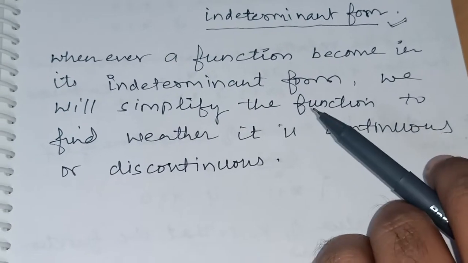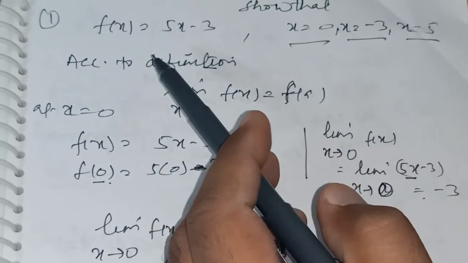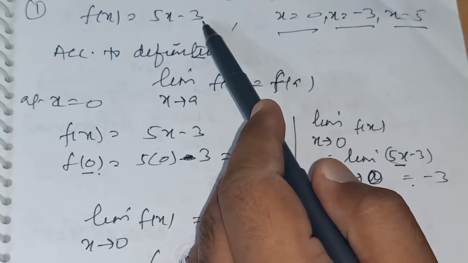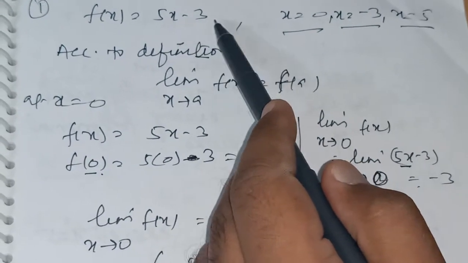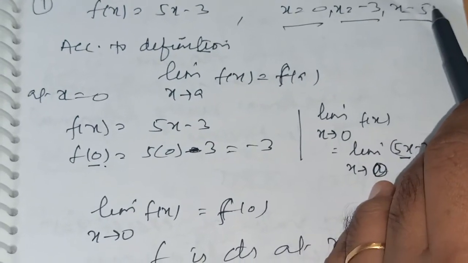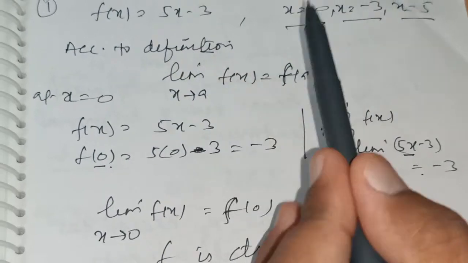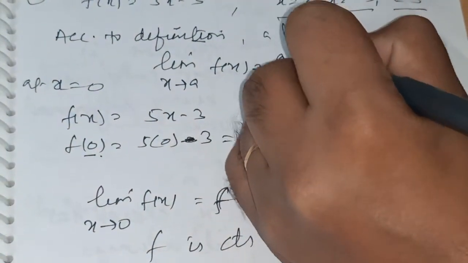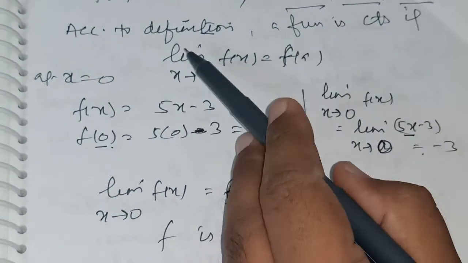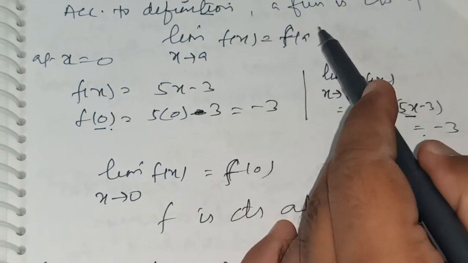Now let's discuss some questions related to continuity. Start with a simple example. If we have a function f(x) equal to 5x minus 3, we have to check whether the function is continuous at x equal to 0, x equal to minus 3, or x equal to 5. So let's start. According to the definition, a function is continuous if limit x tends to a, f(x) equals f(a), where a is the limiting point.